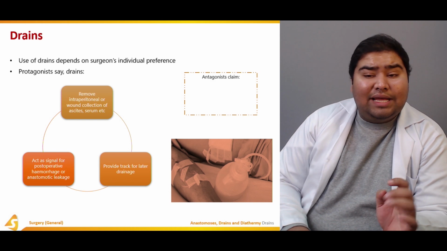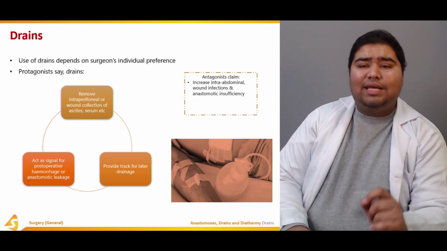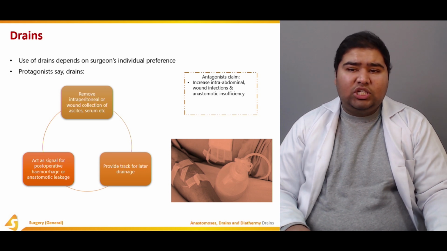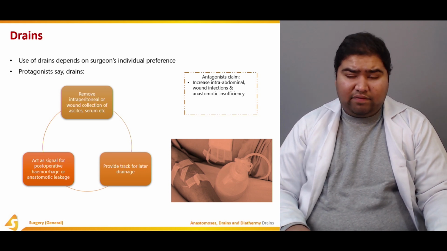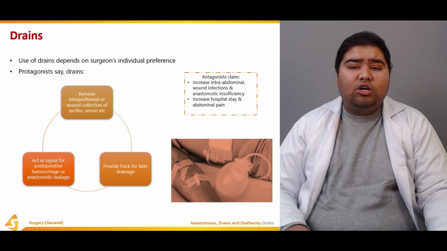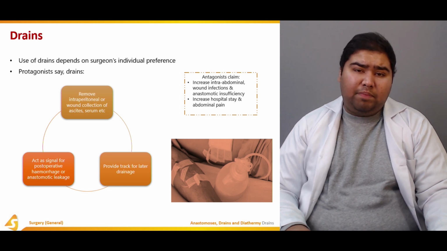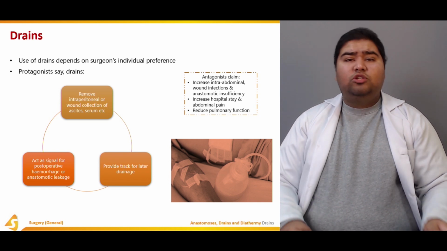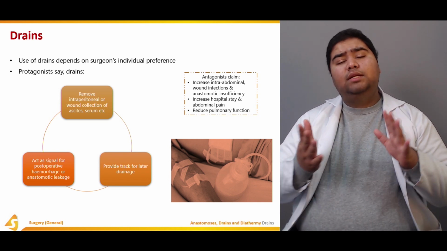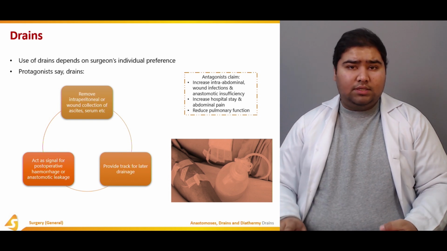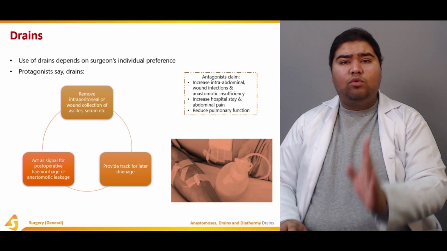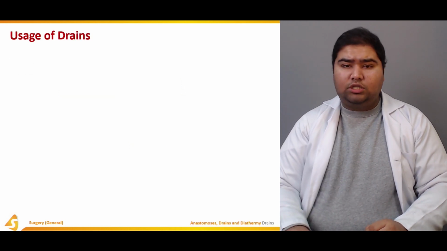Now, the opponents, what do they say? They say that this increases intra-abdominal wound infection and anastomotic insufficiency. It increases hospital stay and abdominal pain, and it reduces pulmonary function. So there are some do's, some don'ts, some pros, and some cons. So it's always the surgeon's preference whether he wants to put a drain or not.